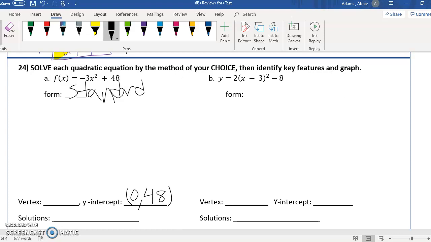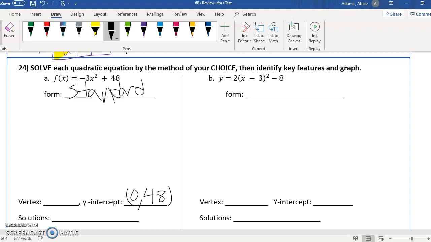So it says we want to solve these. Let's go ahead and solve this by square root method, and then from there we can find the vertex, or we can actually find the vertex by changing this over to vertex form. Either way.